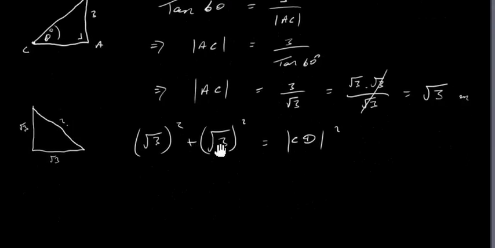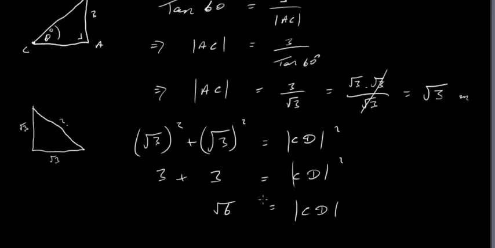So that will give us 3 plus 3 is equal to CD squared. So the distance CD is, this is 6, so it's just the square root of 6, and that's meters as well. So the side of our square base is the square root of 6 meters. And that is it for question 7.